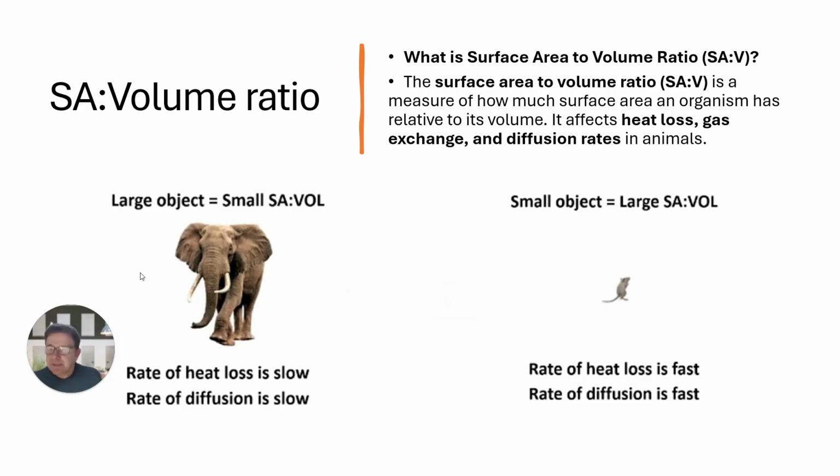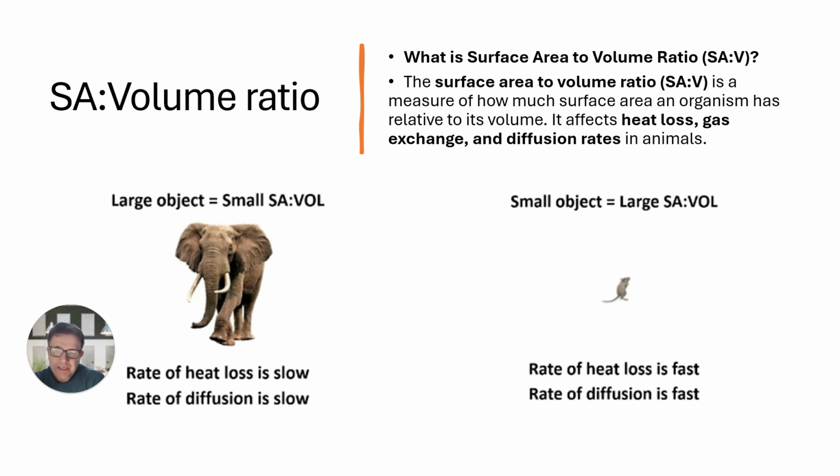The last topic is related to gas exchange, and particularly they like you to know about surface area to volume ratios. So surface area to volume ratio is a measure of how much surface area an organism has relative to its volume. So it affects heat loss, gas exchange, and diffusion rates. So here's a couple of examples.